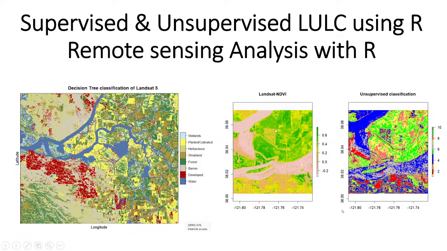For unsupervised classification, we don't use any training samples. We just take the pixel value, but we did not take any training point or training sample. We take training points for supervised classification, and for unsupervised classification we did not take any training point or training data.